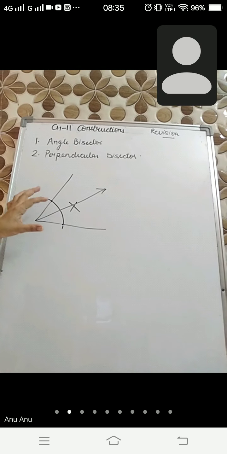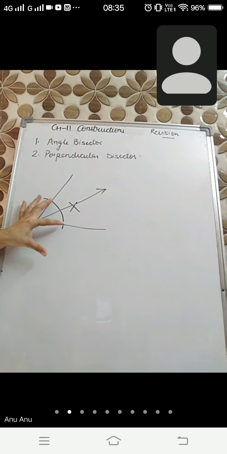Angle bisector is the line that divides the angle into two equal parts, by taking the radius equal to half or more than half of this arc, and we join this line, and this line is known as the angle bisector.